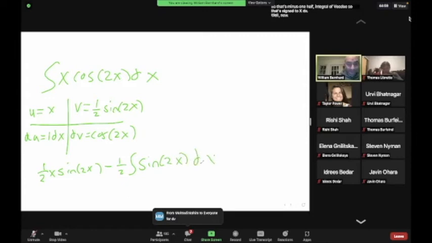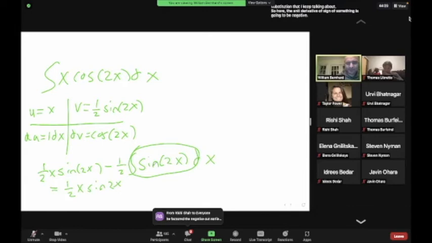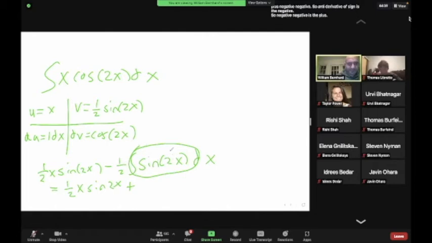Well, now I'm still not done because I've got to handle this integral, which is that baby u substitution that I keep talking about. Here, the antiderivative of sine of something is going to be negative cosine, so negative negative is the plus, but then we're going to wind up doing that linear thing again.